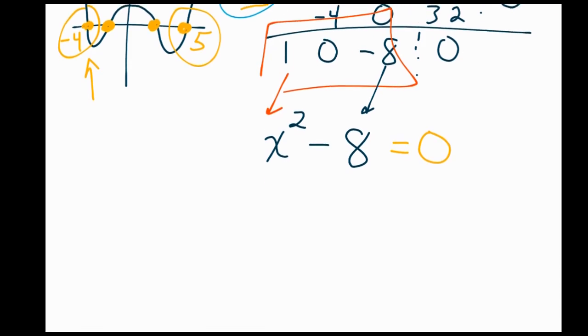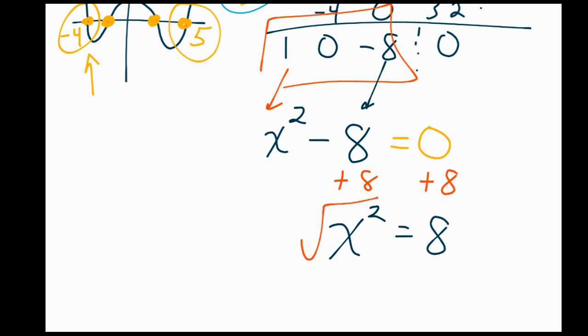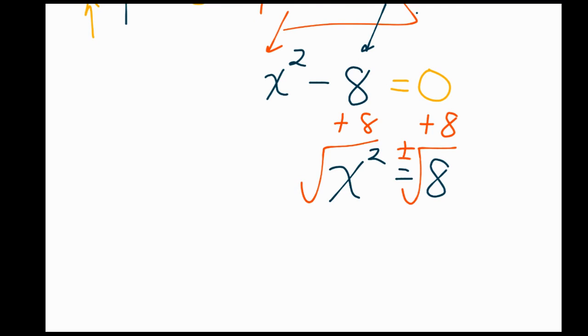What do we mean simpler and solvable? Well, I mean setting it equal to 0 and solving for the remaining roots. You know, like adding 8 to both sides and getting x squared equaling 8. And how about taking the square root of both sides? Sure, you can do that. Now remember, as soon as you take the square root of both sides, you get plus or minus.